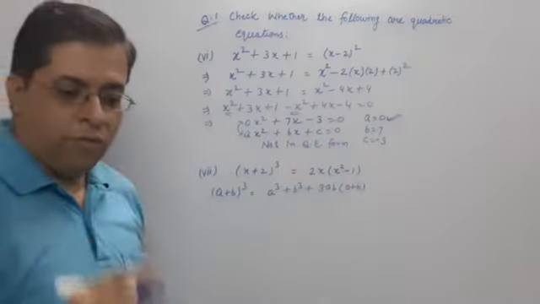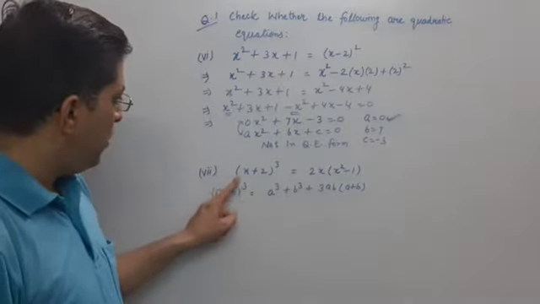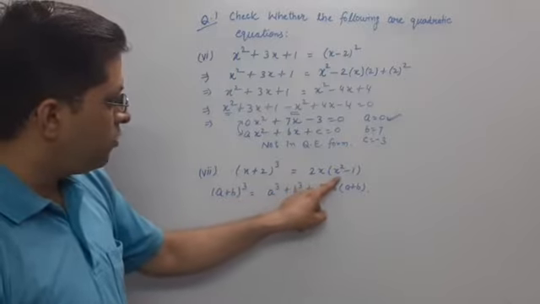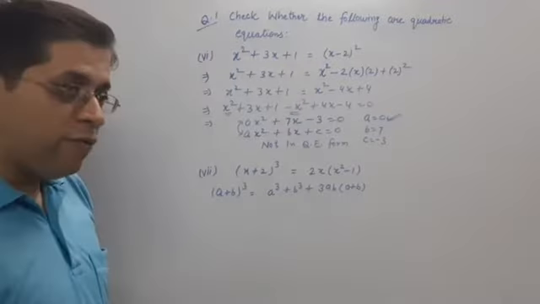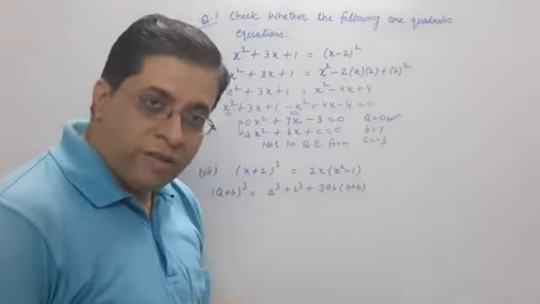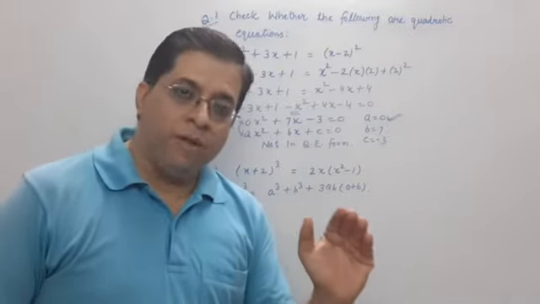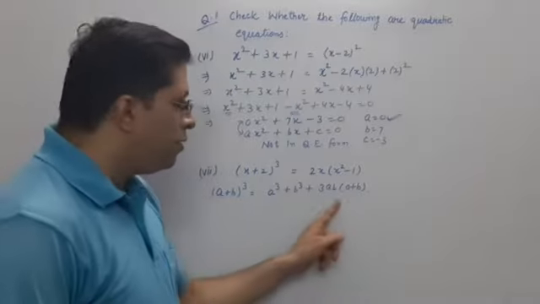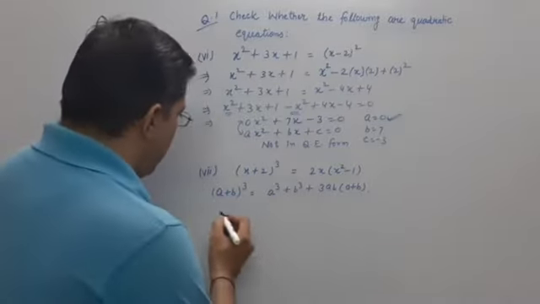Okay, come on, one more question we are doing. See here, this is x plus 2 whole cube is equal to 2x into x square minus 1. For that, what do we know? What is a plus b whole cube? a cube plus b cube plus 3ab in bracket a plus b. See, I have written here. I will use this for the LHS.